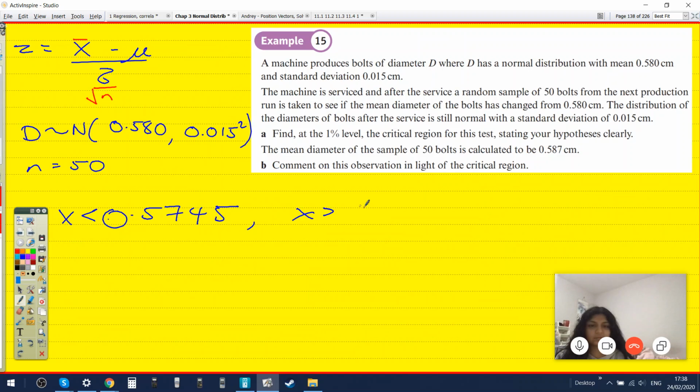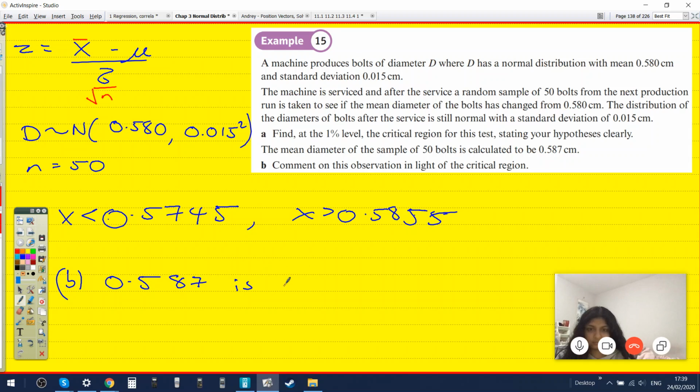How about question B? It's calculated to be 0.587. So 0.587 is in the critical region. So you would accept... What was this one? Sorry, 0.5855.